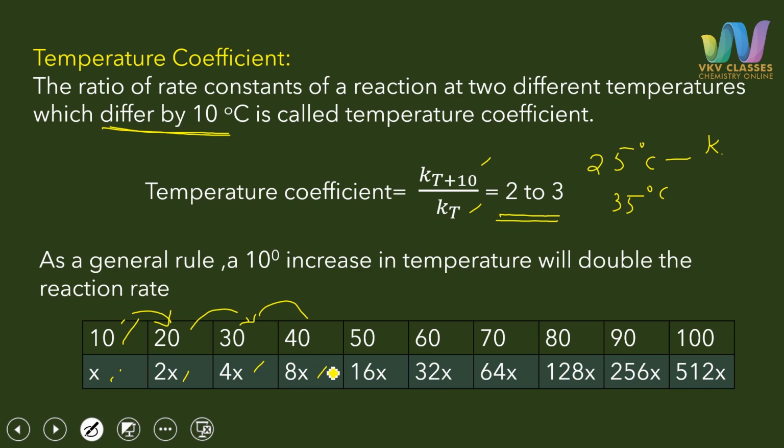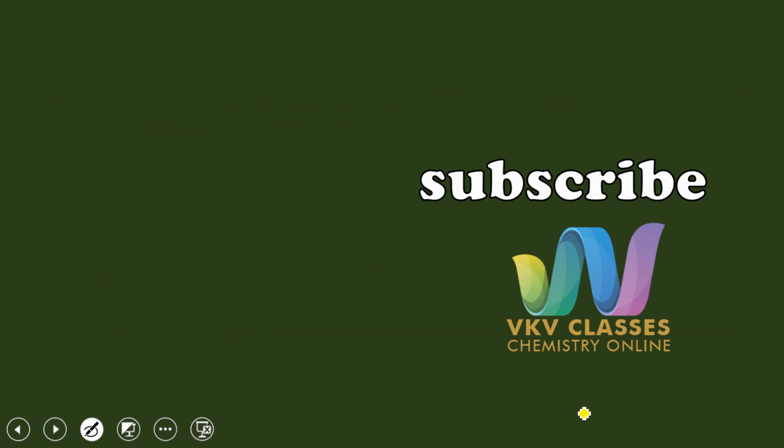So, for every 10 degree increase in temperature. Now, if the temperature increases by x into 10 degrees, then rate increase will be 2 power x. X into 10 is the increase in temperature, then increase in rate will be 2 power x. So these are the factors which influence the rate of a chemical reaction.